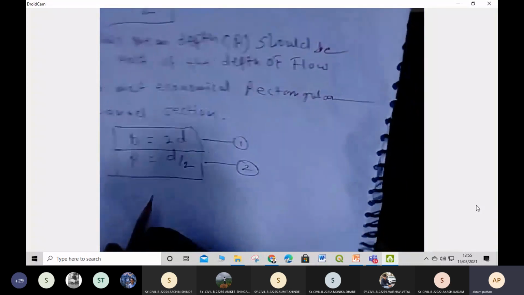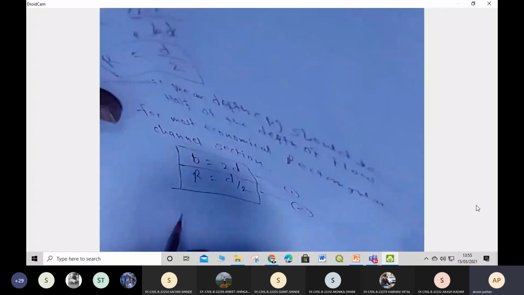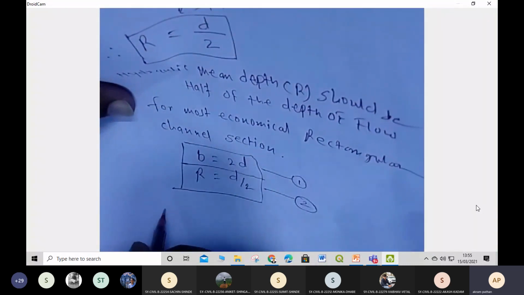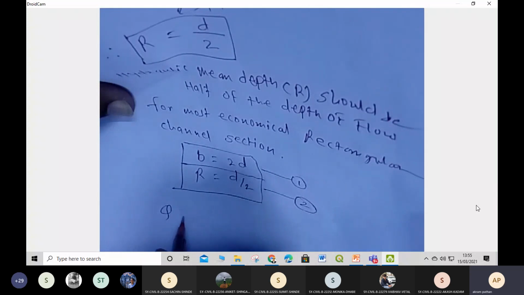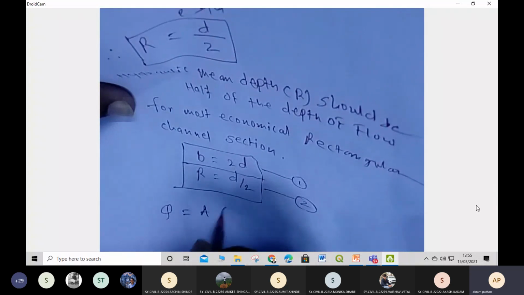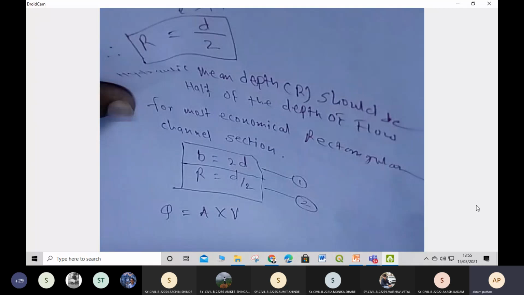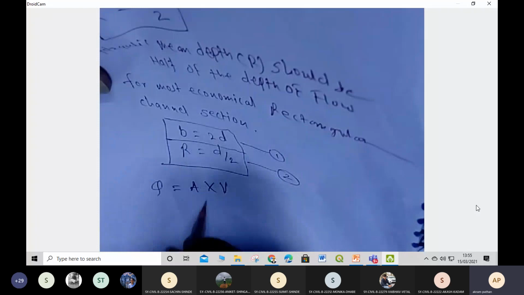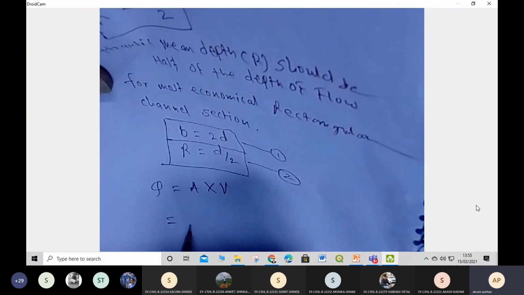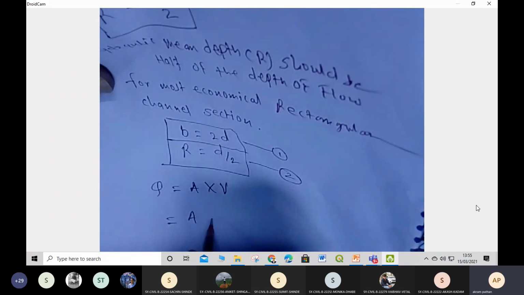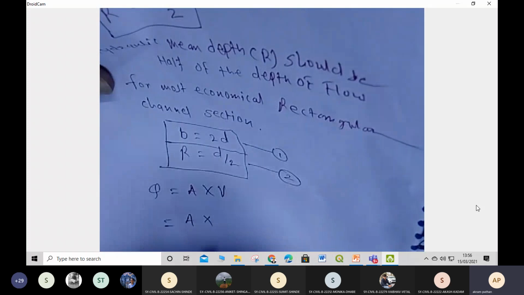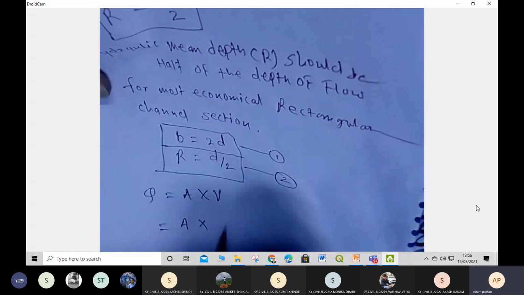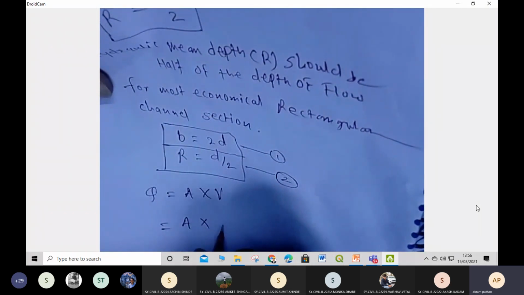Then how to find out the discharge? Discharge Q is equal to area into velocity. This is the general formula for discharge or rate of flow. So I have the area, into velocity by Chezy's formula.